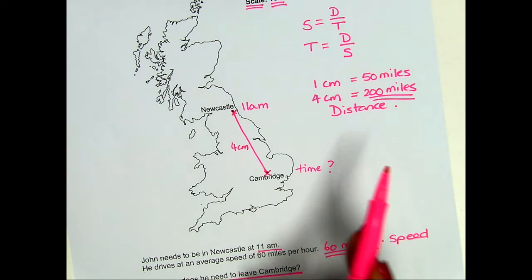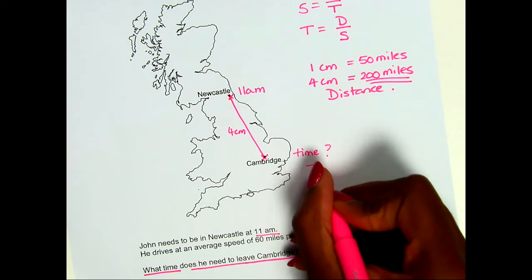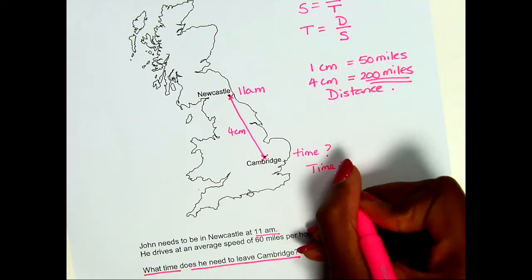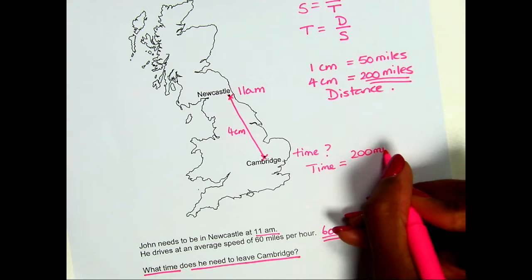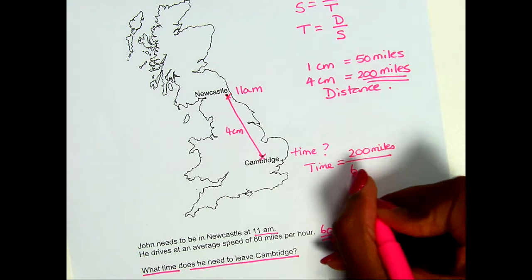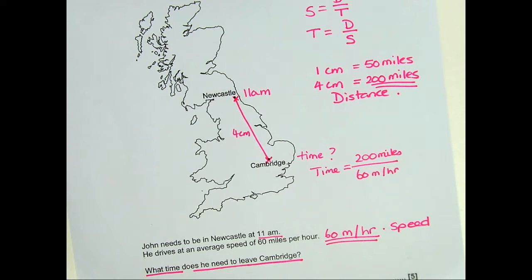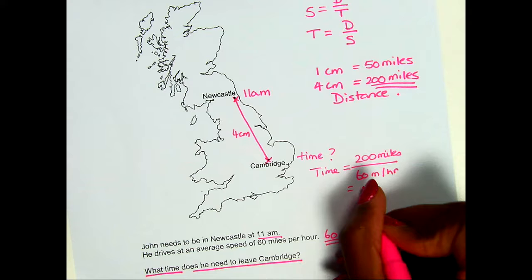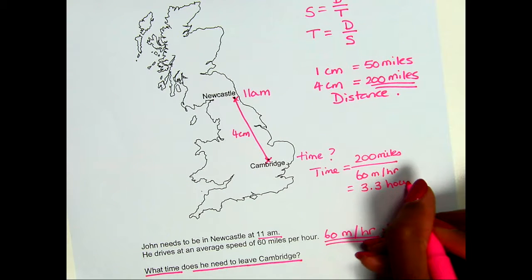Okay, we have the distance and we're looking for the time. Okay, so if I want to work out the time, time is going to be my distance divided by my speed. Okay, now if you use a calculator, that is going to give you an answer of 3.3. Okay, and that's going to be hours.